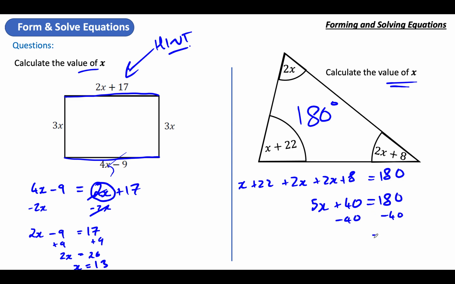So take away 40 from both sides. 40 take away 40 is nothing. And then divide it by that number touching the letter. So divide by 5 to get 1x. And that will be, let's just double check, 28. So x is 28. Okay.